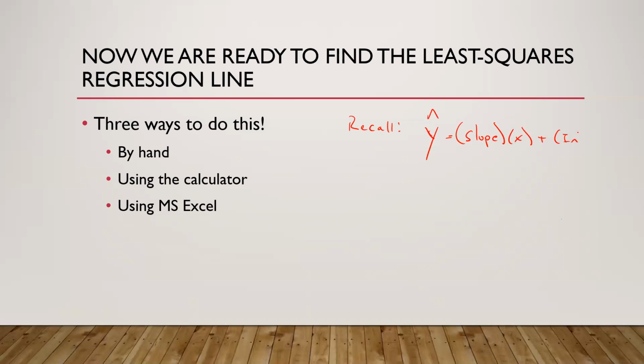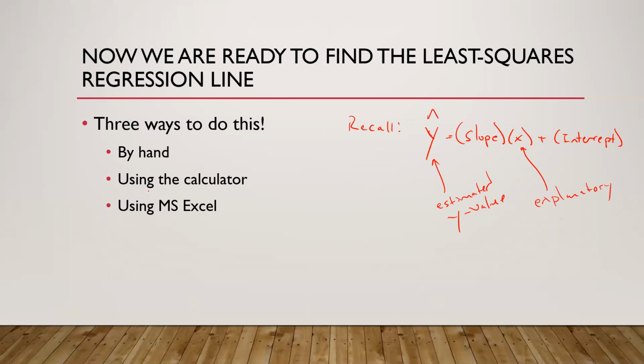For all our examples here, we're going to be looking for this equation. It's going to be y hat, our estimated y value, equals some slope times the x value, which is our explanatory variable, plus some intercept.